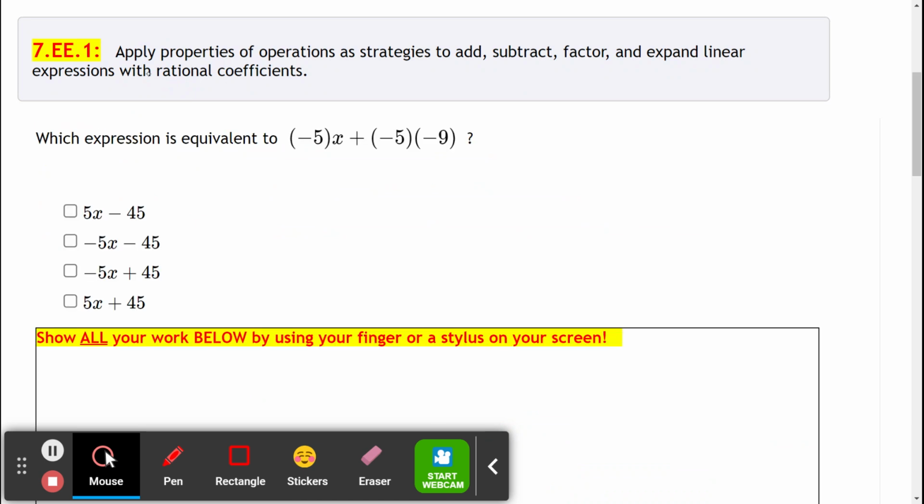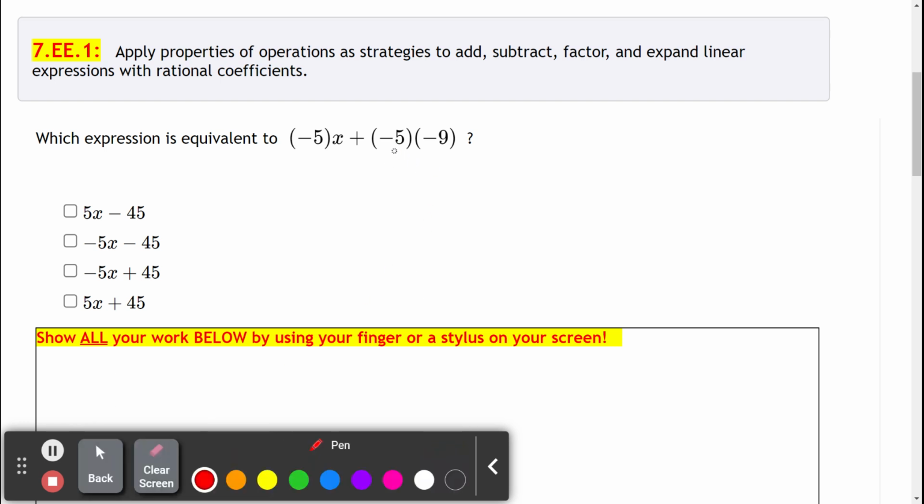Next, we have this. Which one is equivalent? What I would do for this one is multiply these two together. Negative 5 times negative 9. Negative times negative is positive, and 5 times 9 is 45. And then negative 5 times x is written as negative 5x. So which one matches that?